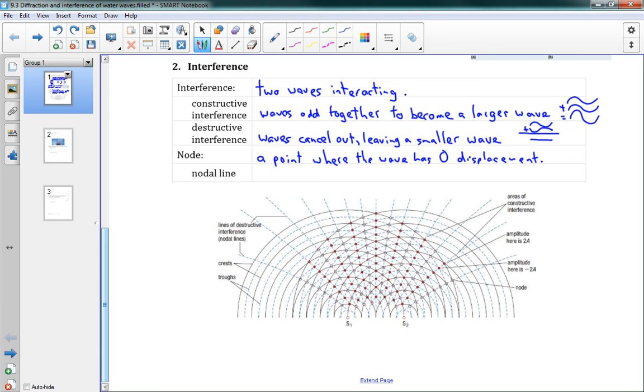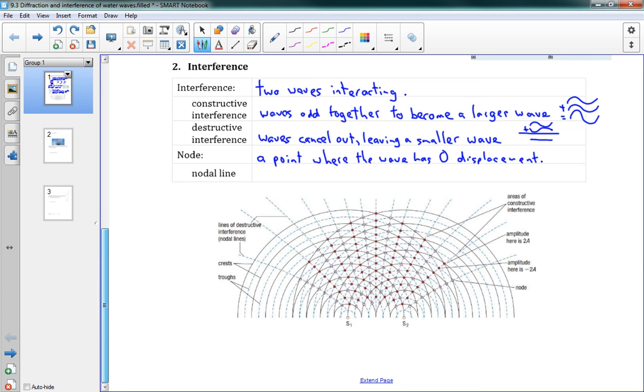And so that means that as time passes, other parts of the wave might be going up and down, but that point on the wave stays at its same point the whole time. So that's a node. It applies mostly for standing waves, where we have a wave pattern that's repeating, and if you look at a single spot, it is not moving up or down, it's staying exactly where it is. It's staying still. So that's a node. Hopefully you remember those from grade 11.